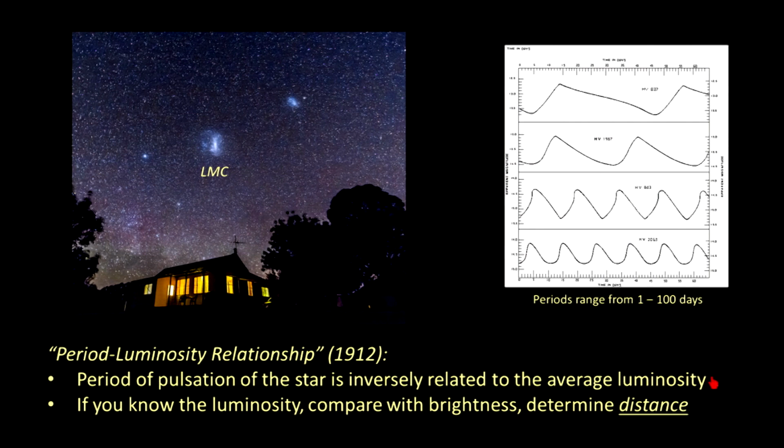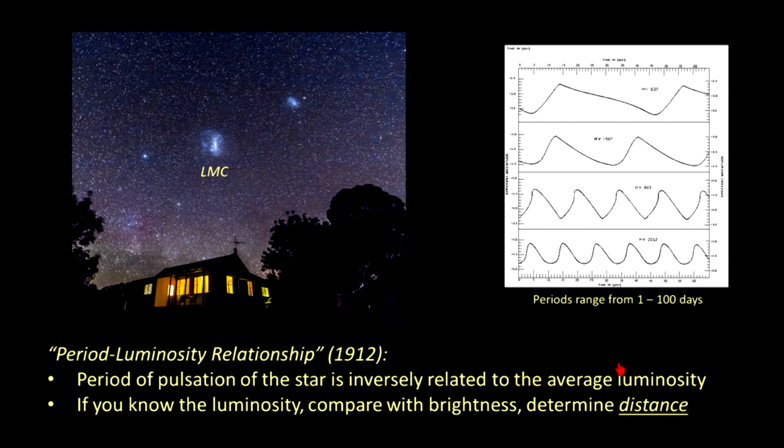So the amount of energy that the star is producing on average for these types of variable stars is related to the pulsation period. Now the idea is that when you look at the stars in the sky, by measuring their brightness change over time, you get the period of pulsation. And from the period, you could determine or infer the star's average luminosity.